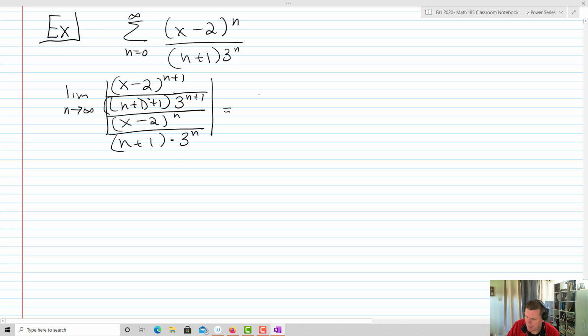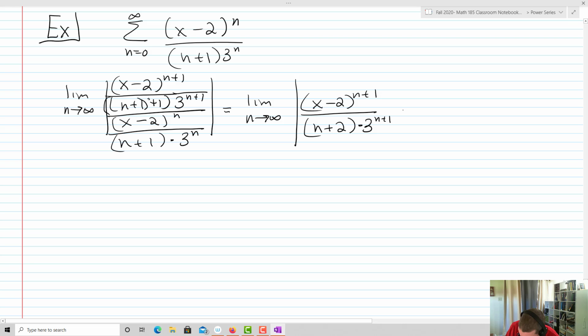So this is going to end up equaling the limit as n goes to infinity of (x minus 2) to the n plus 1 divided by (n plus 2) times 3 to the n plus 1, times (n plus 1) times 3 to the n divided by (x minus 2) to the n.